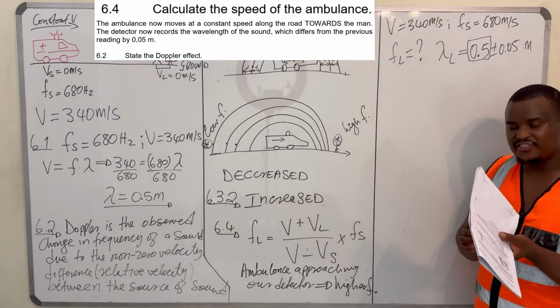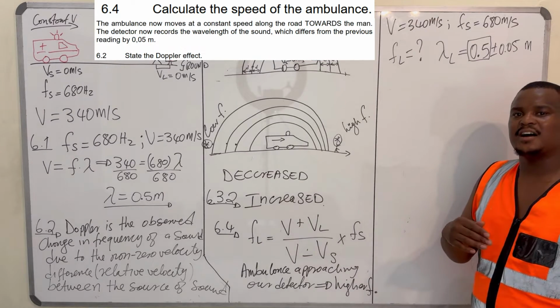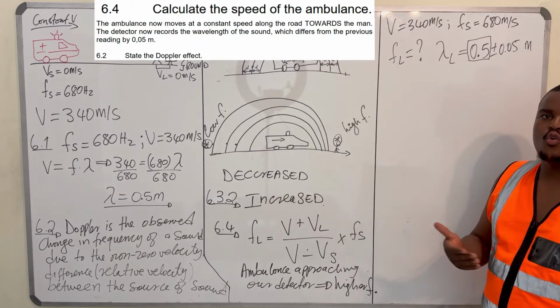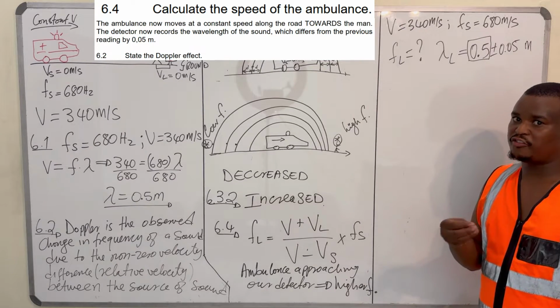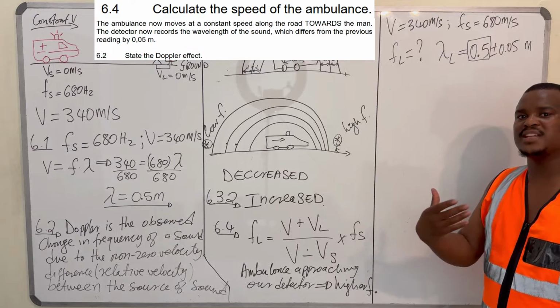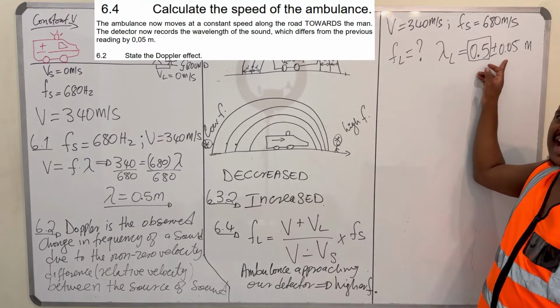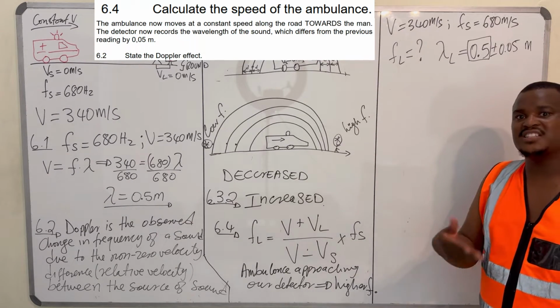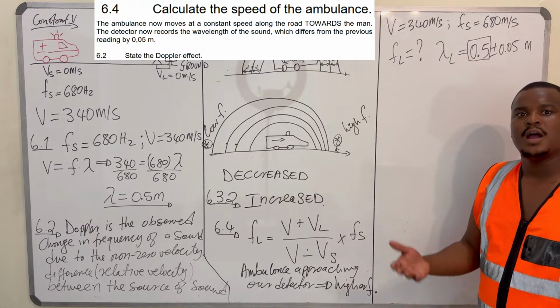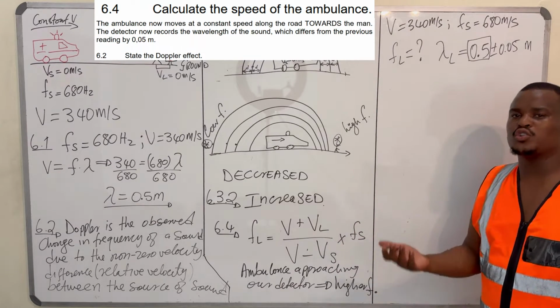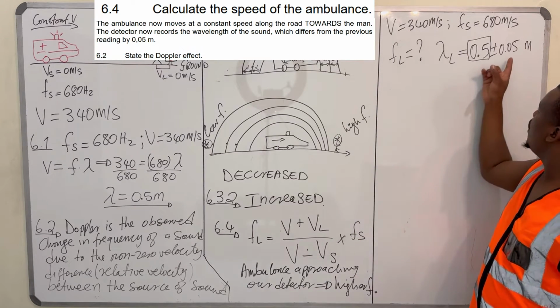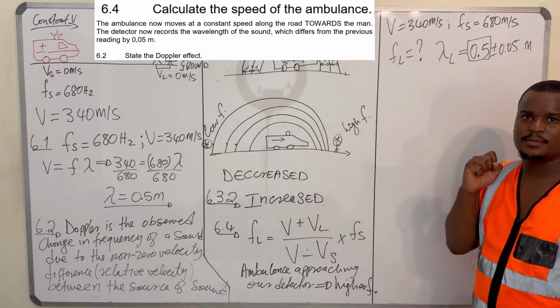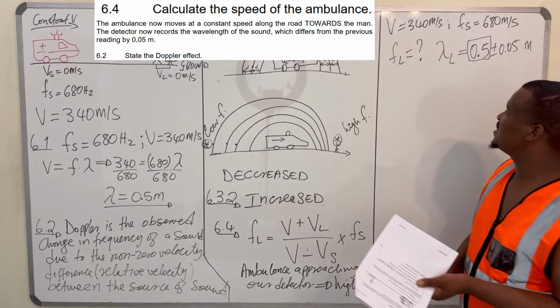So by saying differ by 0.05, to get the new observed wavelength, you either add 0.05 or subtract 0.05. But do we subtract or do we add? So there's something that we have to consider.